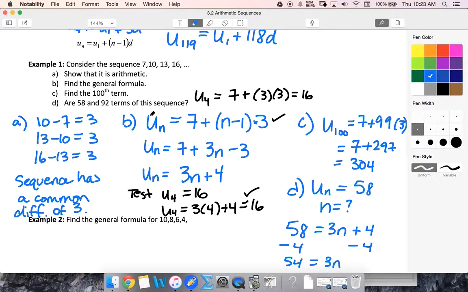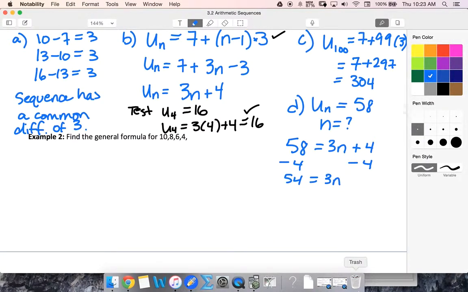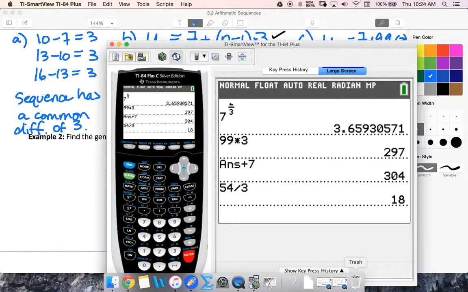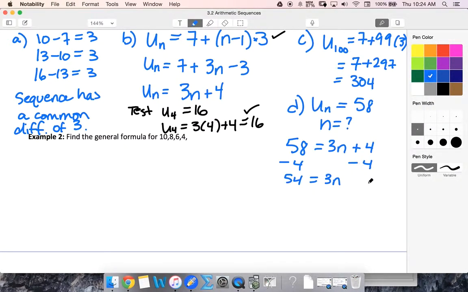Well, let's do the division. 54 divided by 3 does give me an integer. So then I would get that n is 18. This tells me that the 18th term is 58. So that does mean that 58 is a term.